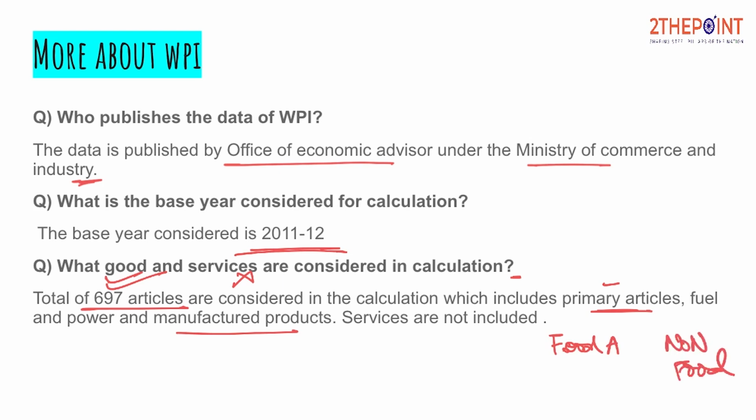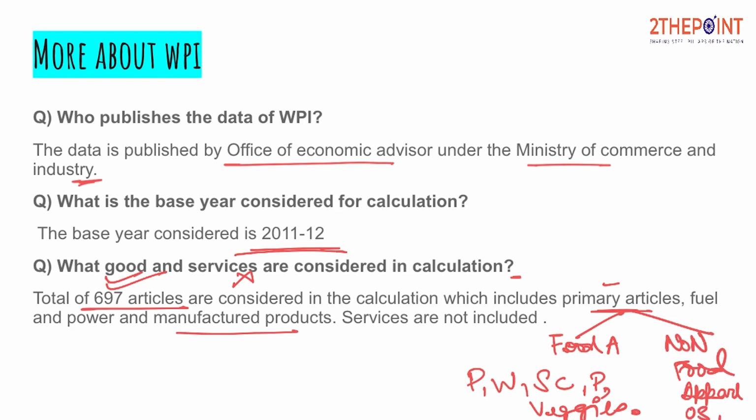Food articles could be your paddy, wheat, sugarcane, pulses, veggies. Non-food items could be, let's say, apparels, oil seeds, minerals, crude petroleum. Petroleum or diesel will go in fuel and power, but crude petroleum will go in non-food items.